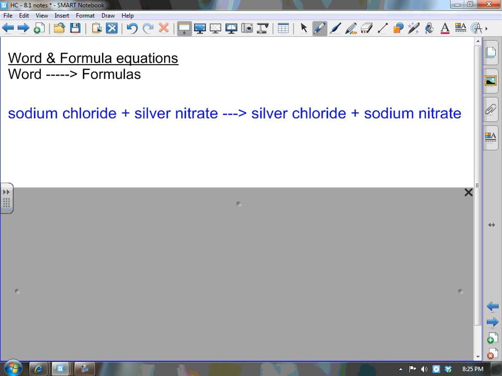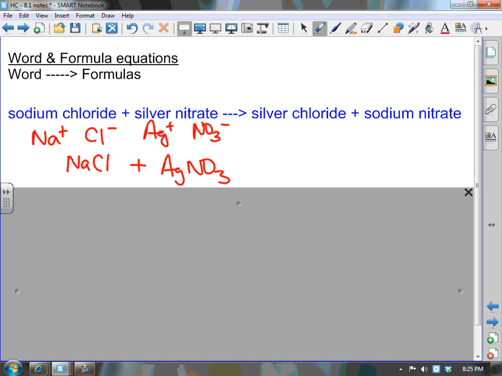So sodium chloride. Sodium's a +1, chloride is -1. We get NaCl. Silver is a +1 charge. Nitrate is a -1 charge. AgNO3, +1, -1. Forms, okay, that's what the arrow talks about. It's producing, it makes silver chloride. Ag is +1, chloride is -1.